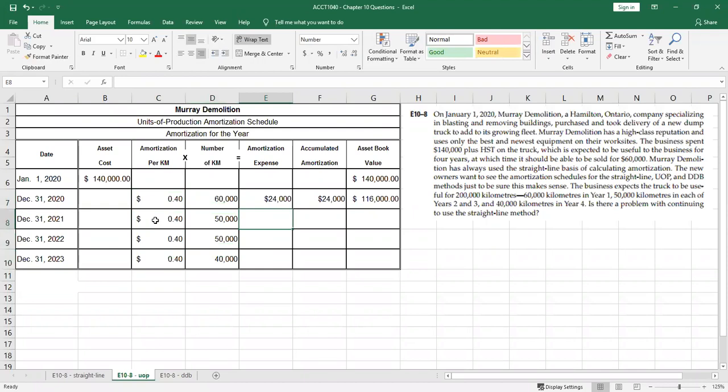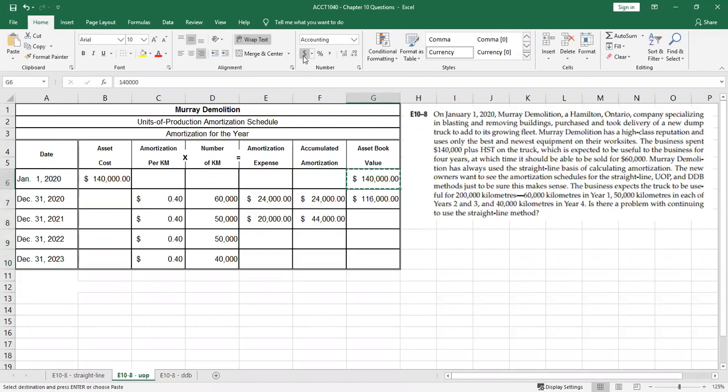Okay, so for December 31st, 2021, we take 40 cents a kilometer, multiply it by the 50,000 kilometers we expect to drive in that year, and we arrive at $20,000 of amortization expense. Accumulated amortization, just add last year's amortization with this year's amortization, and we get $44,000 worth of accumulated amortization.